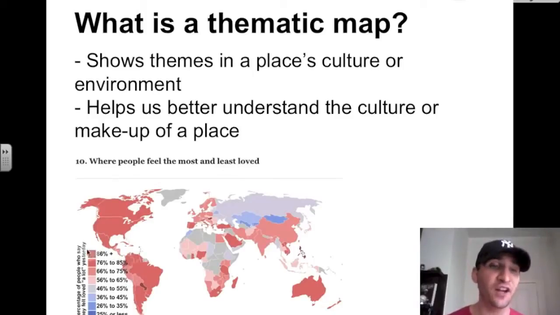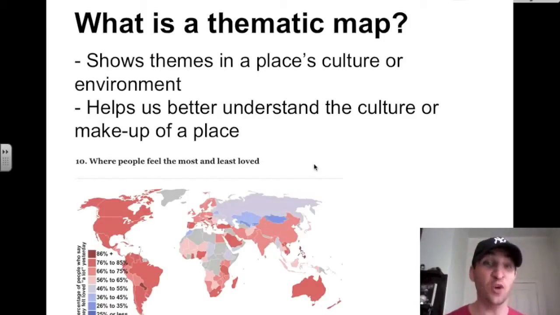And you look at the colored legend, the darker the shade of red, the more love people feel in a certain country. The darker the shade of blue, the less love people feel. In North and South America, people seem to be feeling love. In Russia, in parts of Asia, this is Mongolia, people don't feel much love.